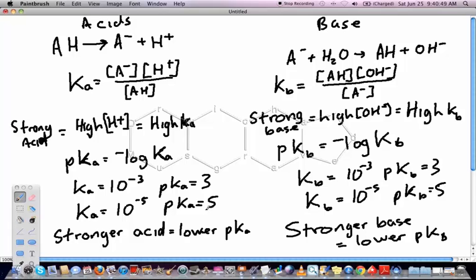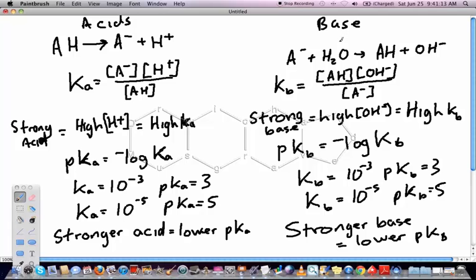What I'm trying to convince you of here is the bigger the Ka, the lower the pKa will be. So 10 to the negative 3 is bigger than 10 to the negative 5, but a pKa of 3 is lower than a pKa of 5. The conclusion we reach then is that the stronger the acid, the lower the pKa, and that's really what I want you to focus on. The stronger the acid, the lower the pKa.